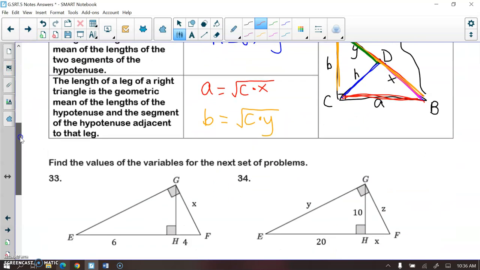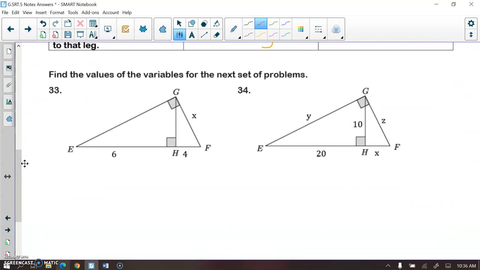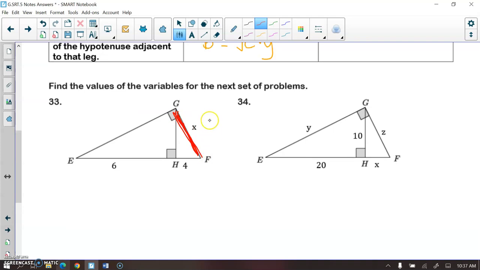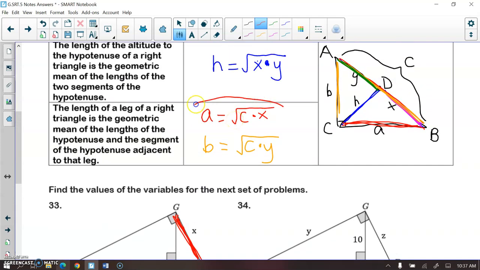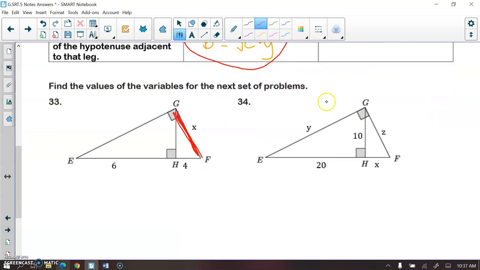So now we're going to use the geometric mean to actually solve for unknowns in our problems on the next few pages. So for this one, we are trying to find a leg on my giant right triangle. And so if you're trying to find a leg, that's these two equations here. So that leg is equal to the square root of the product of the whole hypotenuse. Let me redraw that.